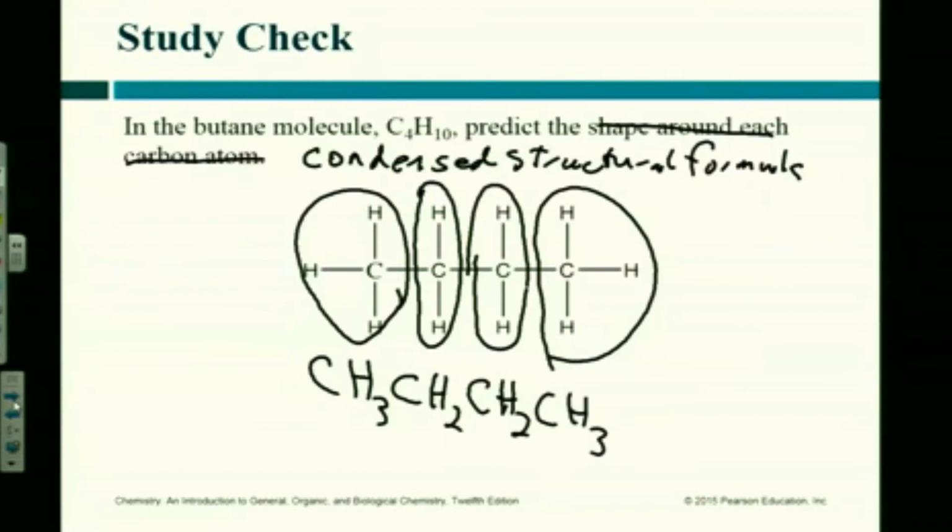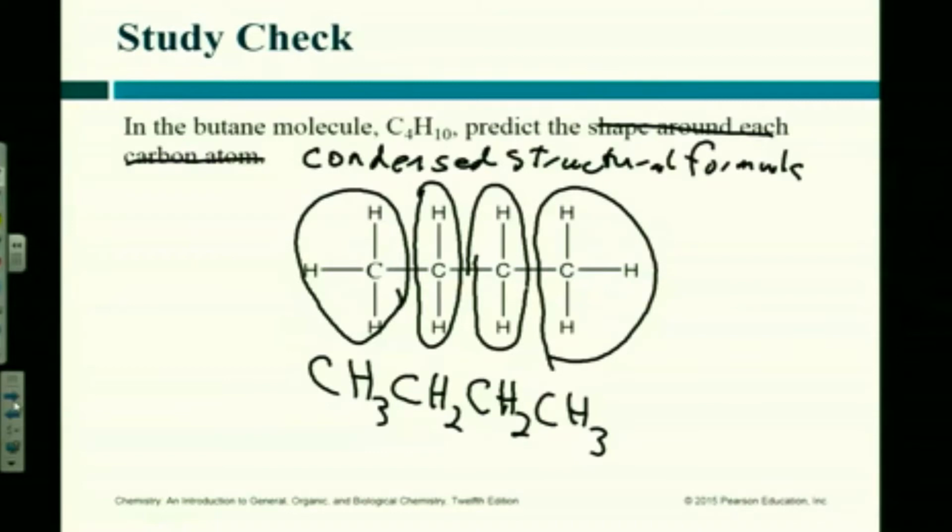Anybody see any pattern developing here? The ones on the end have 3 hydrogens. The ones in the middle have 2, don't they? Okay. Make sense? We're all happy so far? Good, because you won't be in a little while.